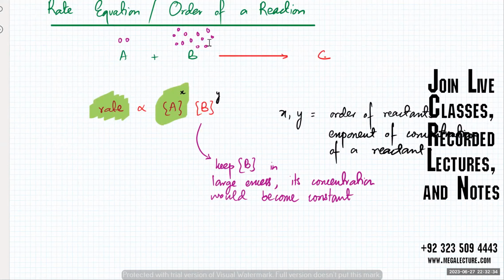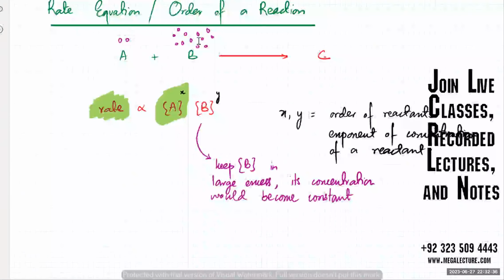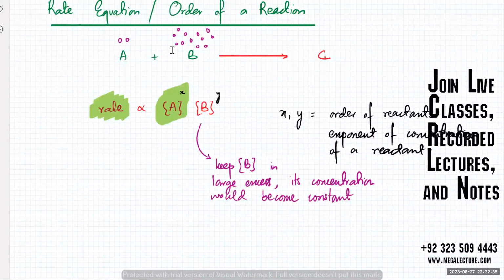If one particle of B reacts with that one particle of A, its concentration would barely change, right? Because instead of having 15 particles, you'll now have 14 particles. So it's kind of the same thing. Is that point clear, that you can keep one of the reactant concentrations constant?